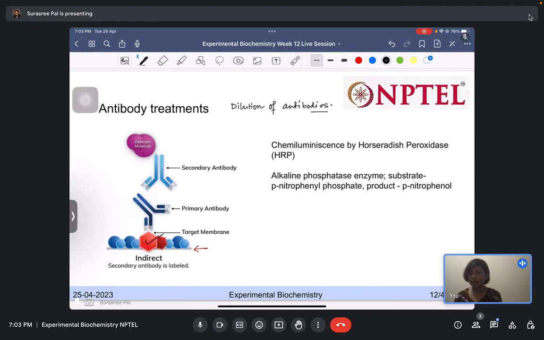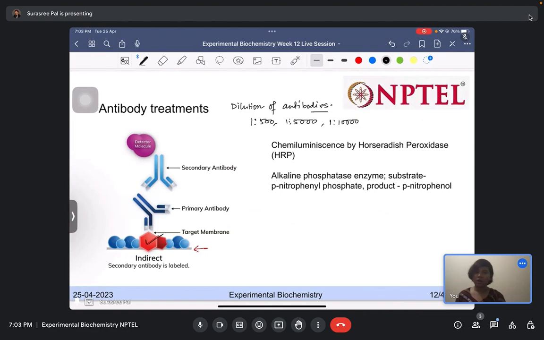This antibody dilution can be 1:500, 1:5000. It depends on the type of antibody that we are using and on the specific protein that we are trying to detect. Depending on that we can use different dilutions of antibodies, 1:10,000, 1:20,000.